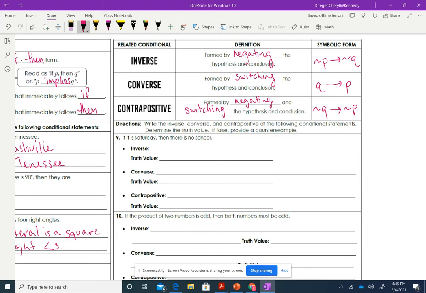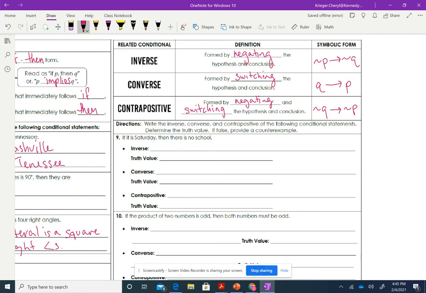The directions say write the inverse, converse, and contrapositive of the following conditional statements. Determine the truth value. If false, provide a counterexample. We have: if it is Saturday, then there is no school.